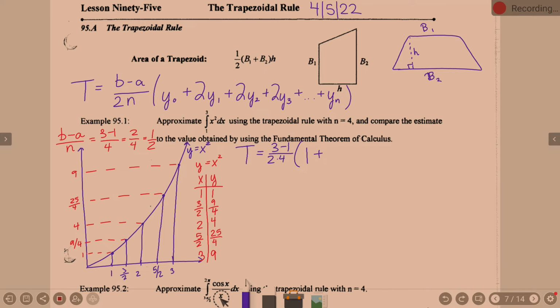That's why there are 2 of all the ones in the middle. So 2 times 9/4 plus 2 times 4 plus 2 times 25/4 plus, now down to the last one, which is just a single 9. Because when you get over here to this last one, we're only using the right side of this final trapezoid once.